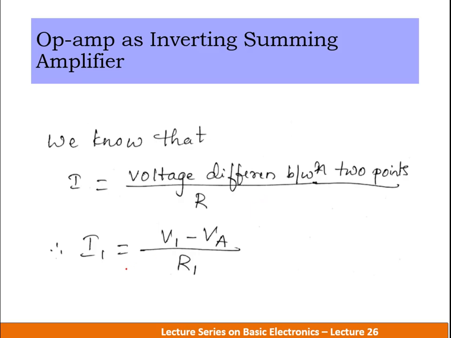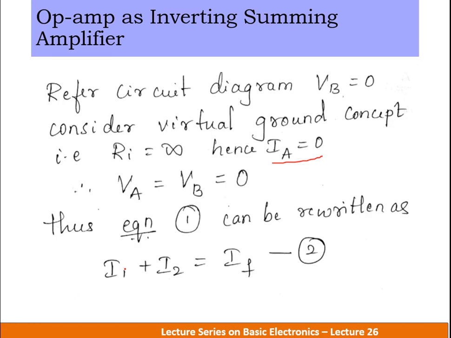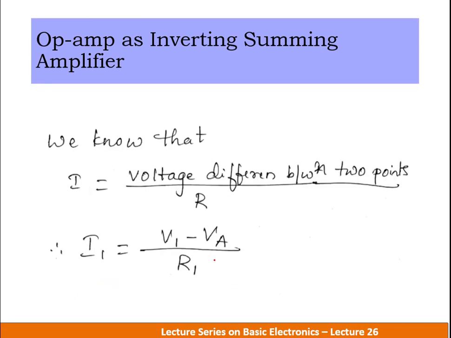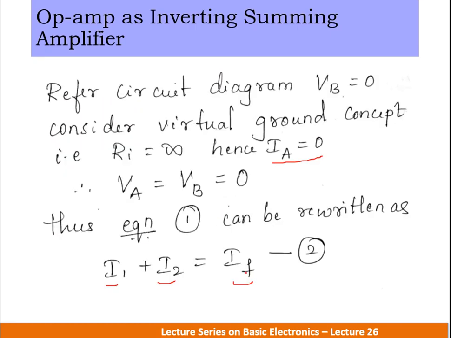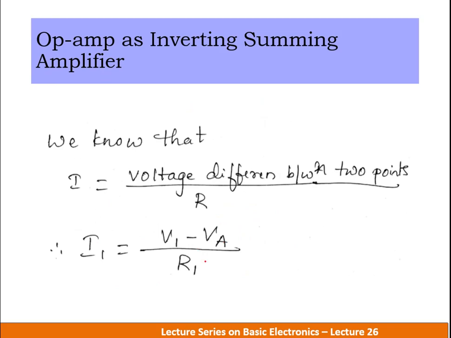Let us calculate what is I1. We have 3 terms, I1, I2 and IF. Now I1 is equal to the voltage difference between 2 points divided by R. As per the circuit diagram, the voltage difference is V1 minus VA divided by R1. Therefore it is written as V1 minus VA divided by R1.